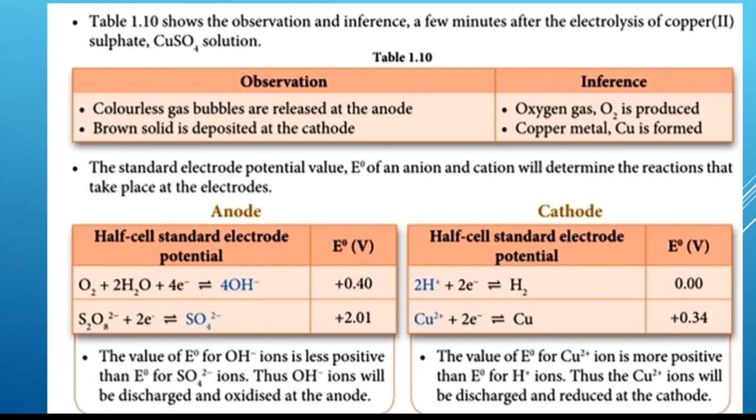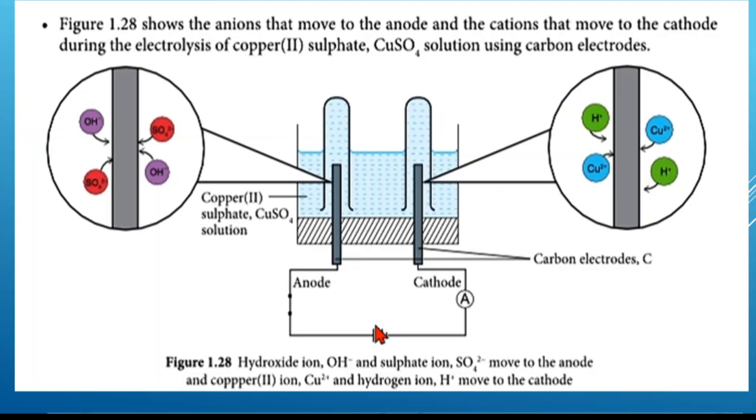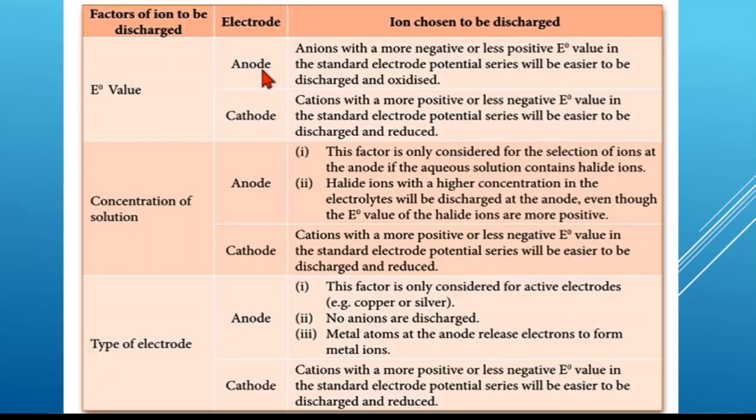Okay. Itu SO4 2 minus. Kalau SO4 2 minus, dia akan buang dua elektron. So, begini ya. Dia akan buang 2 elektron supaya dia discharge, tidak ada charge lagi. So, dia buang 2 elektron. Tetapi, di anode, ini positif 0.40. Ini positif 2.01. Apa dia bilang tadi di sini? An ion with a more negative value or less positive value will be chosen.